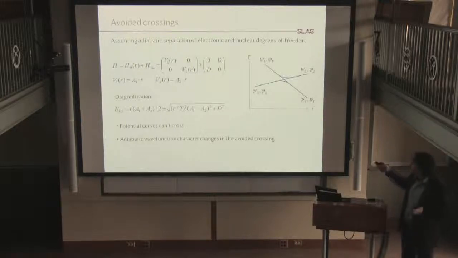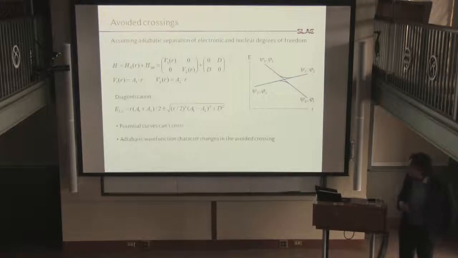And this is seen in this picture that I'm just plotting. And so if we start with some wave function, let's call it psi1, we will travel across this avoided crossing. And this was discussed many, many times. And okay, that's good. That's how nature works.